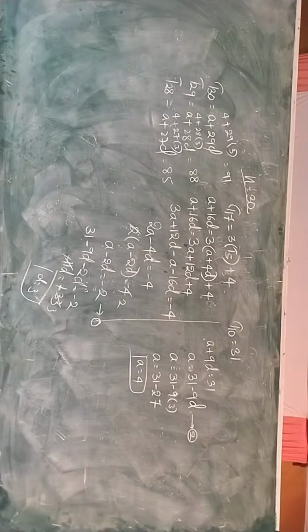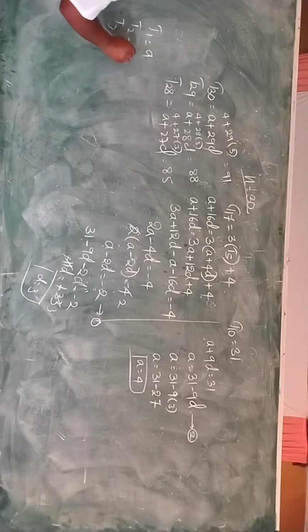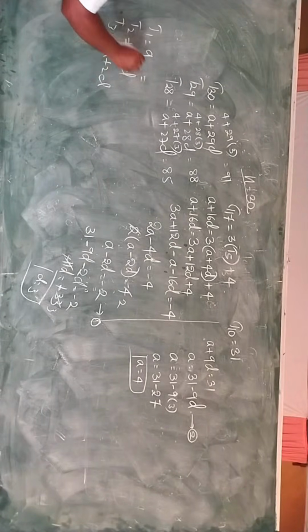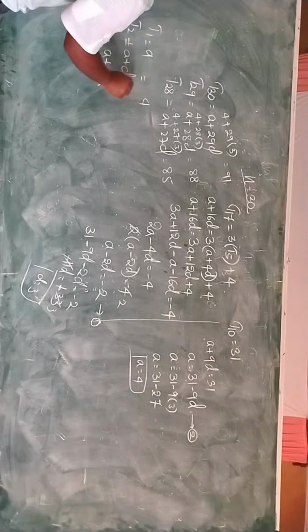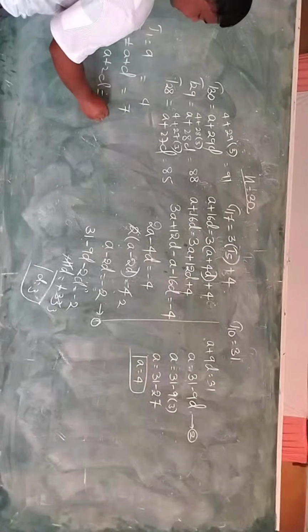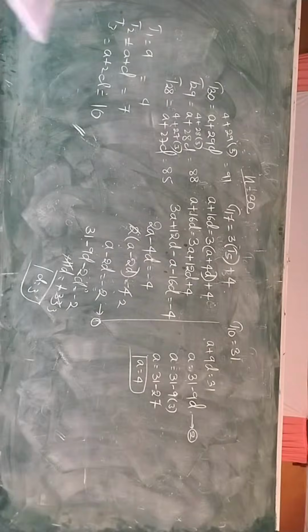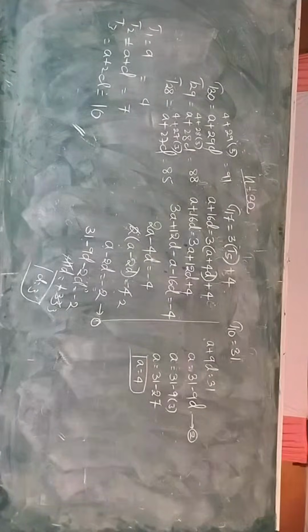Correct? And if asked to calculate the first three terms: T1, T2, T3. T1 is a, T2 is a plus d, and T3 is a plus 2d. A is 4, 4 plus 3 is 7, 7 plus 3 is 10. Okay? So any doubts here?